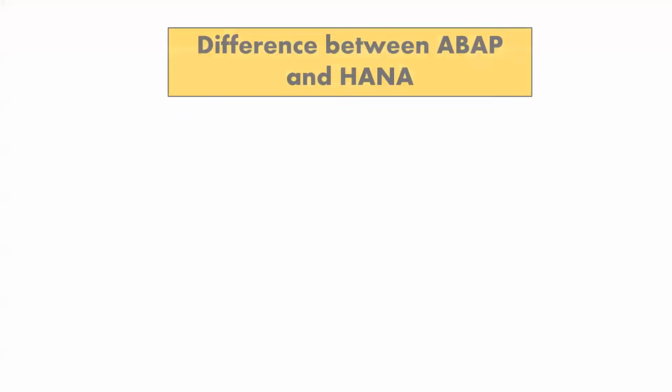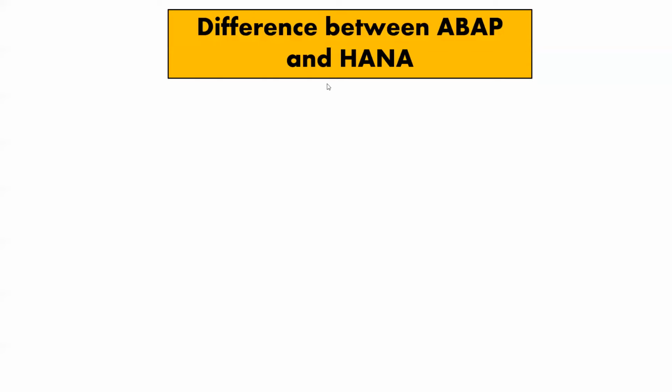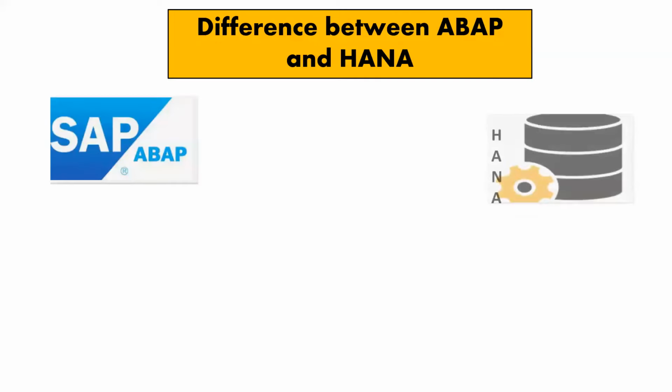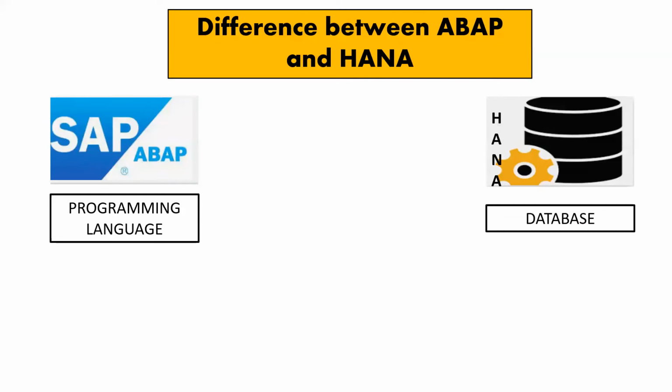So now, the difference between ABAP and HANA. ABAP is a programming language, we all know, and HANA is a database. So, a very simple difference: a database stores the data in tables.